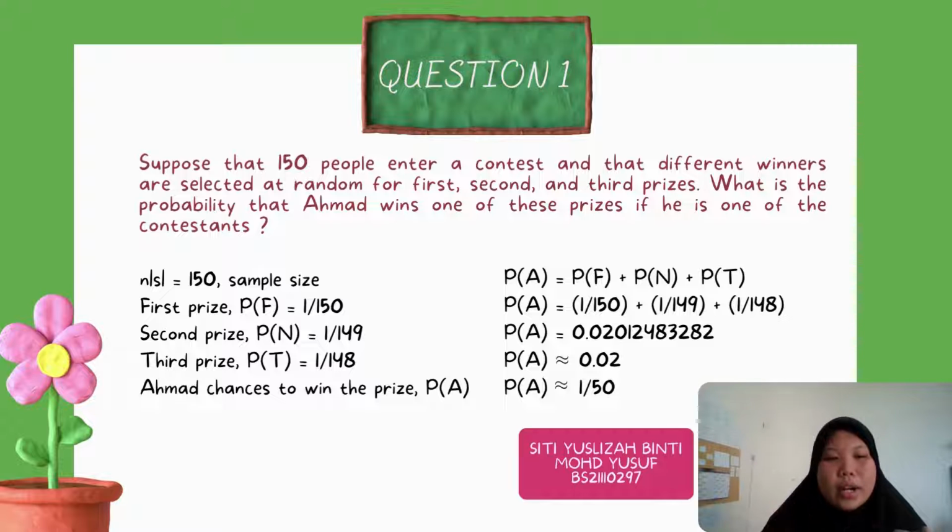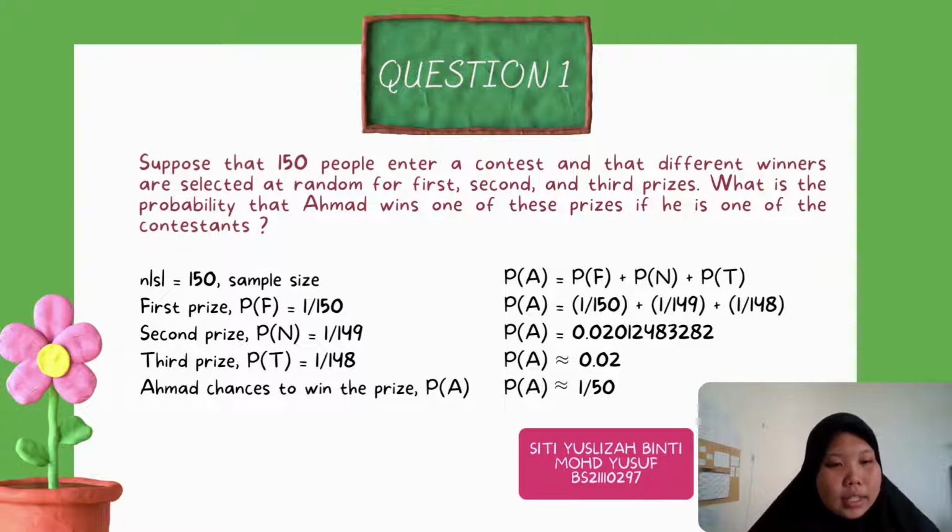Because 150 minus 1, since one person already won the first prize. For the third prize, I let the probability be PT and it equals 1 over 148. Why is the denominator 148? Because 150 minus 2, since 2 prizes are already taken by other contestants.